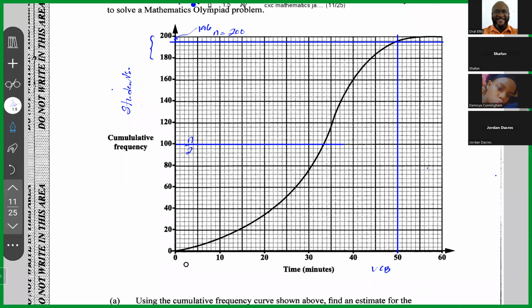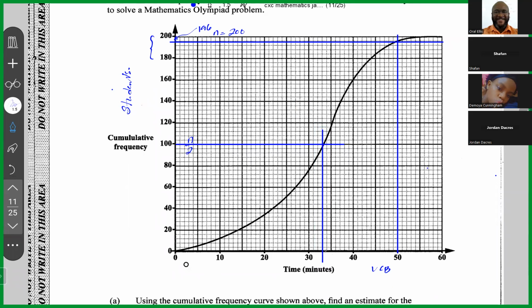All right. And I want to read off that time. The minutes down here, each of these minor divisions is 1 minute. So this is Q2, which is the median, is 33 minutes.